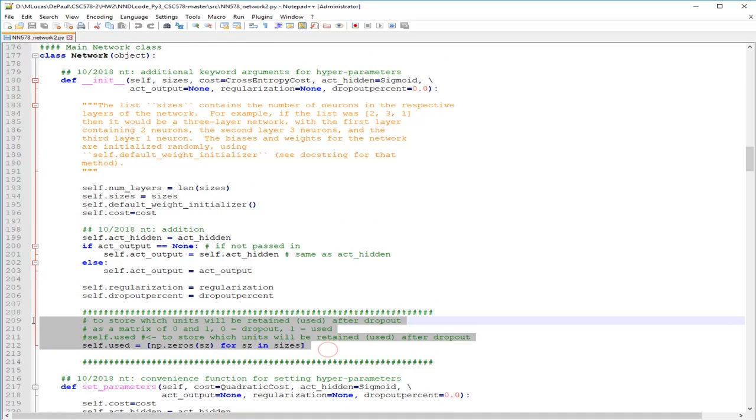Here, I'm setting up the used extractor with zeros. And next, the used extractor was filled with 0 or 1 depending on the dropout percentage using a binomial random selection.